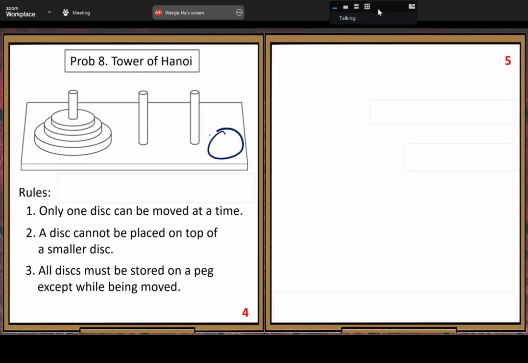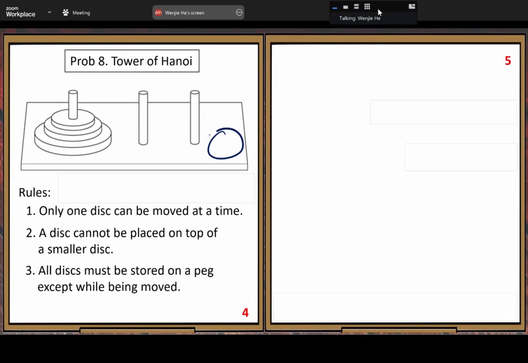So when you follow these 3 rules, this puzzle is a little challenging, right? Not too hard, but at least you need to try several times. So this is the famous puzzle problem, the Tower of Hanoi problem.